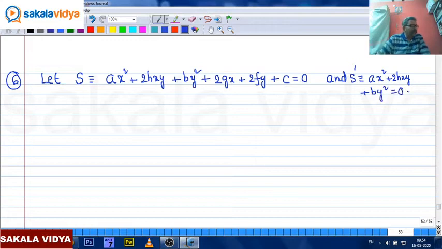This is actually called abridged notation. In conic sections and circles we have such notations; in a similar manner, even in pair of straight lines we can consider the notation. S is equal to 0 stands for the non-homogeneous equation. S dash is the homogeneous equation, which passes through the origin. That means the point of intersection of S dash is equal to 0 is the origin, whereas the point of intersection of S is equal to 0, as already discussed, is (hf minus bg) by (ab minus h square) and (gh minus af) by (ab minus h square).